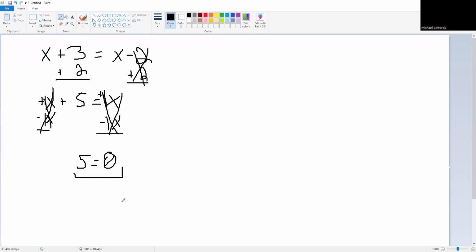It's obviously 5 does not equal 0. It's not a solution because there's no x left. So it is a contradiction. There's no solution. It's a contradiction of terms.